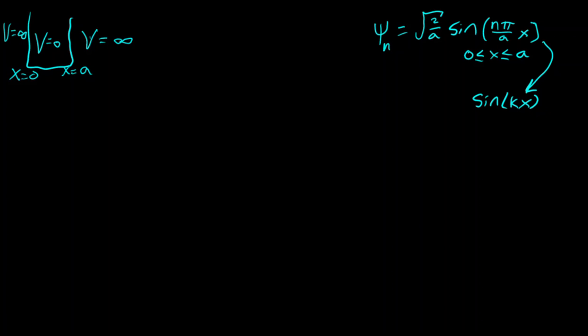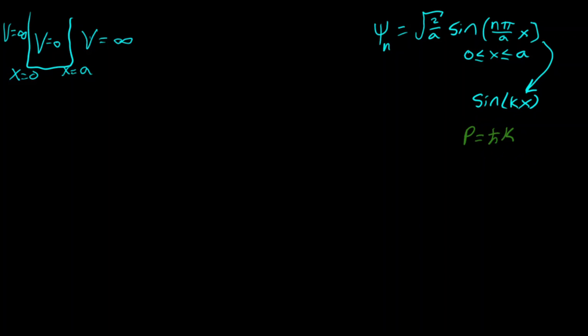And that might make you think this could be a state with a definite value of momentum, because we know p equals h bar k. Since k is the wave number, this is a wave. It looks like it has a definite wave number. Maybe this is a state with a definite momentum.